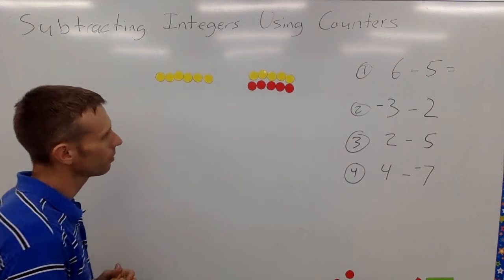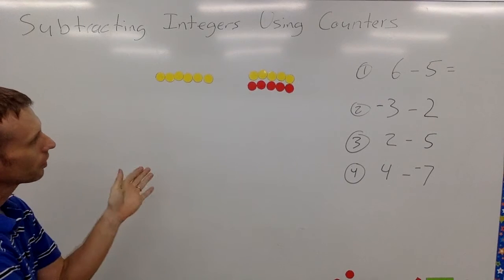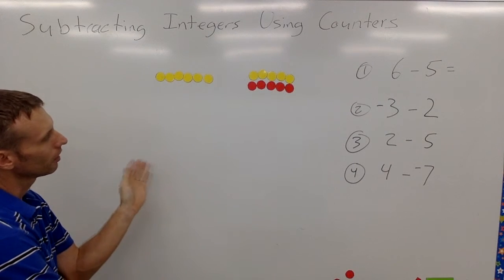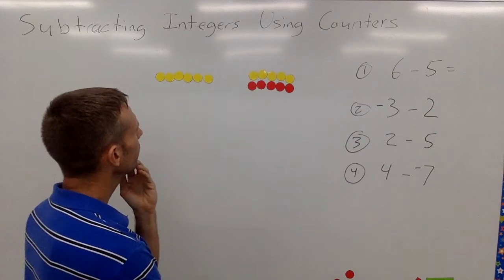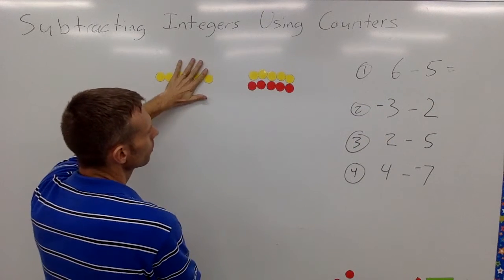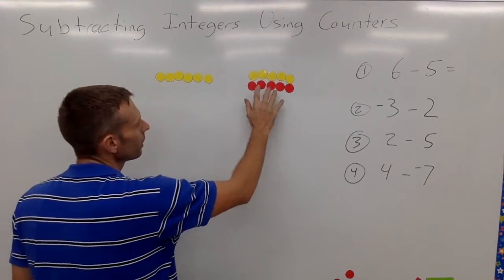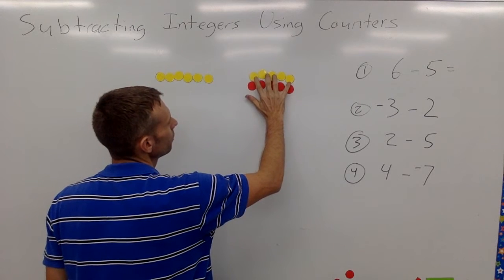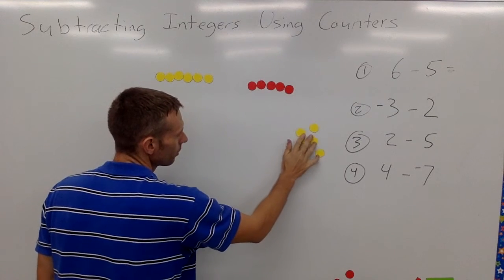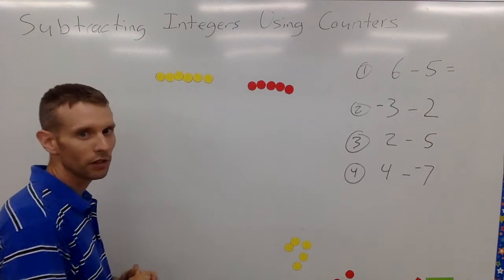Because we're subtracting, if I show it this way, this is my 6, and I'm subtracting a positive 5. If I take away this positive 5, then essentially what I'm left with is this negative 5 here.